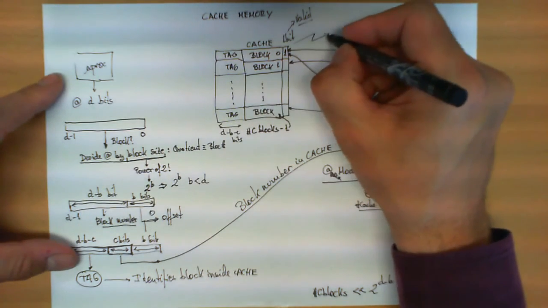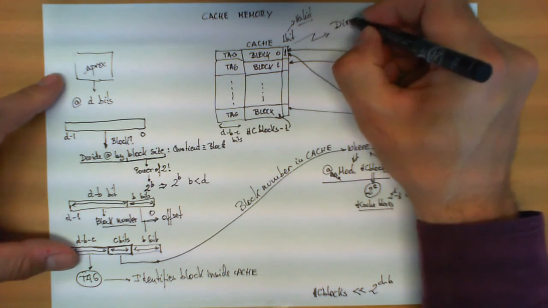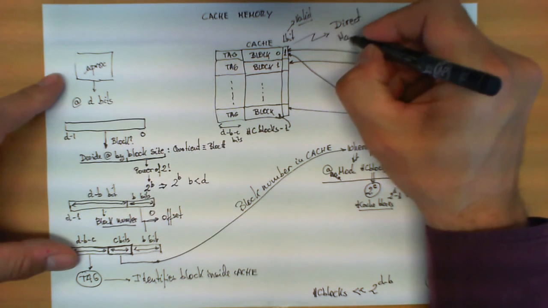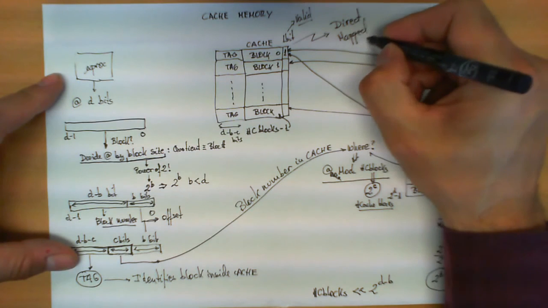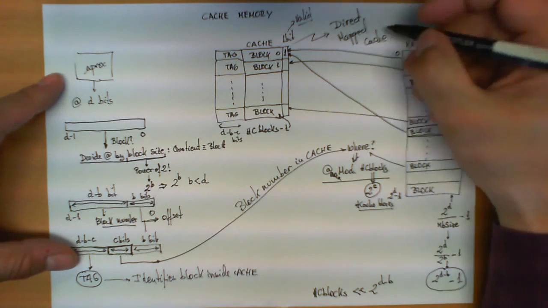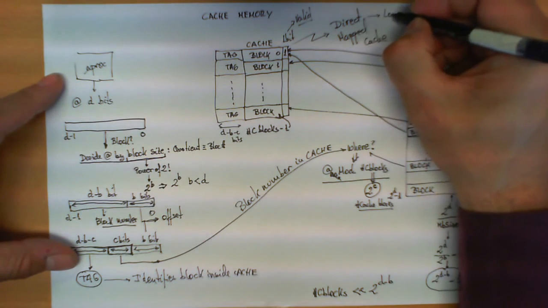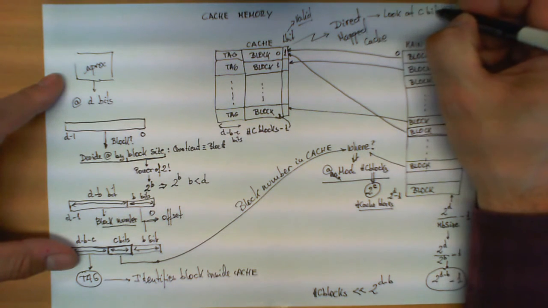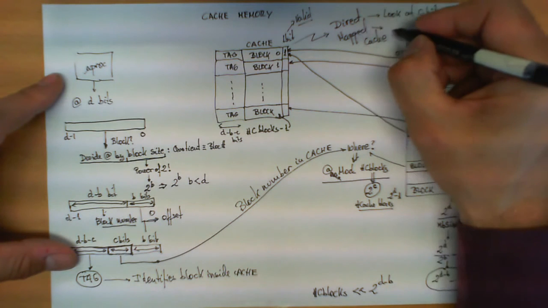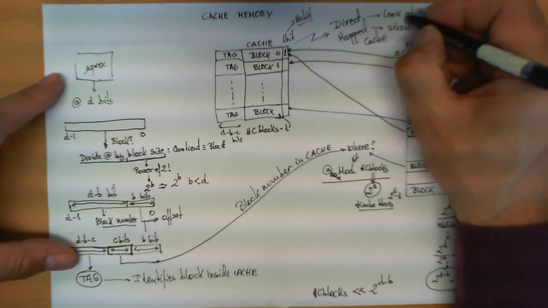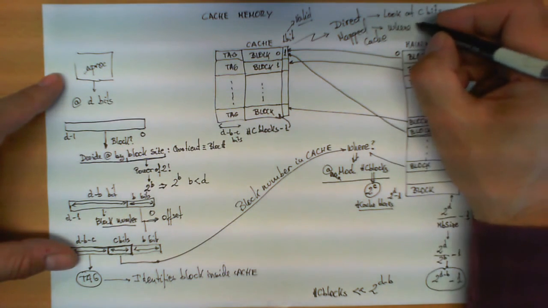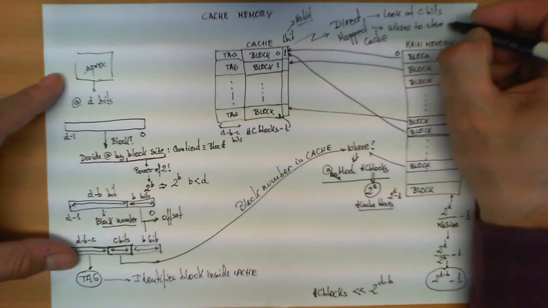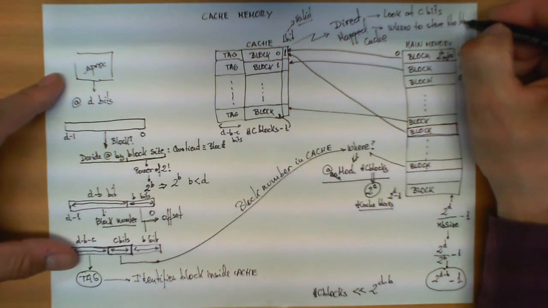And this scheme is what is known as a direct mapped cache. Direct because we look at C bits, and mapped because we use the C bits to decide where to store the block.